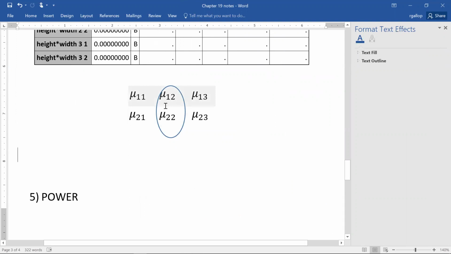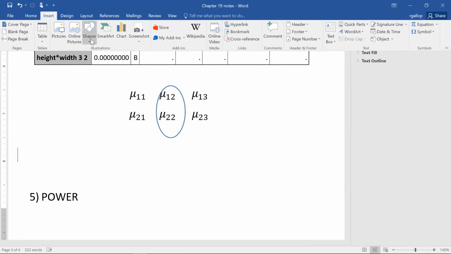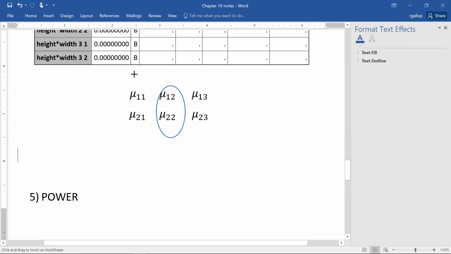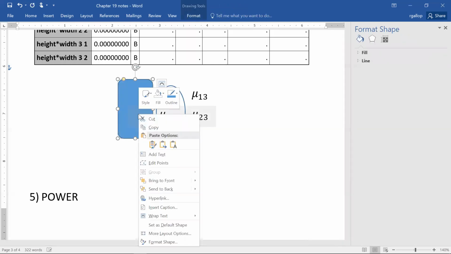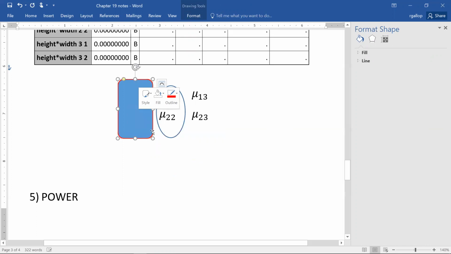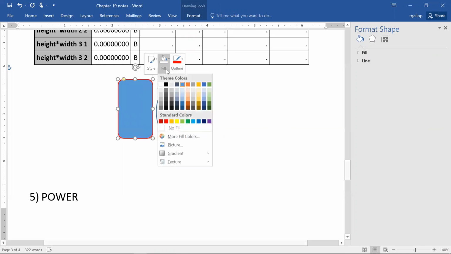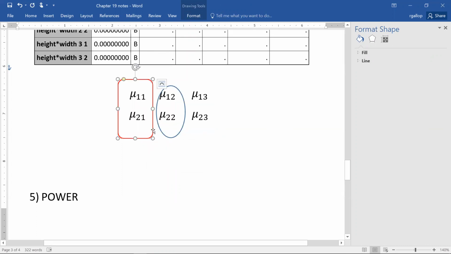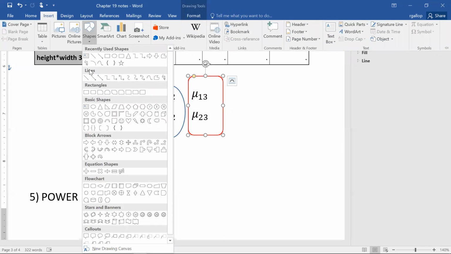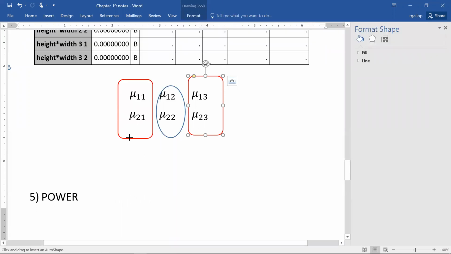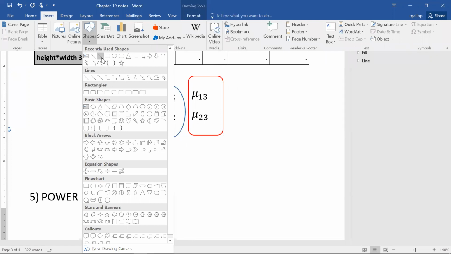So we look at the average of those two compared, so in this case here, we'll go no fill.